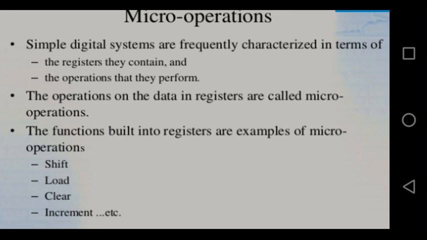And the functions built into registers are examples of micro operations. Examples of micro operations with registers are shift, load, clear, transfer, and increment. These are the smallest micro operations that you can perform on the data stored in a register.